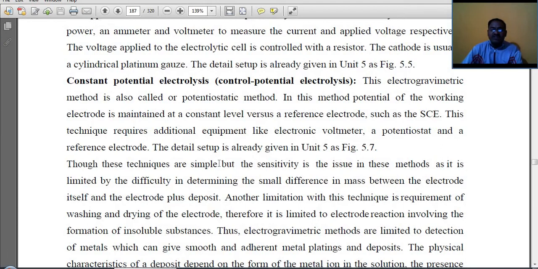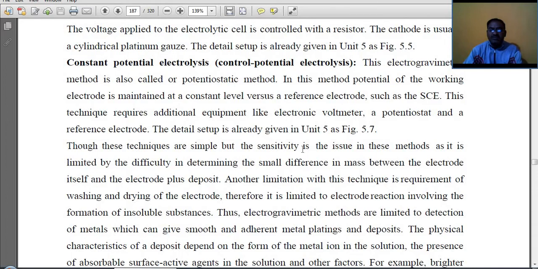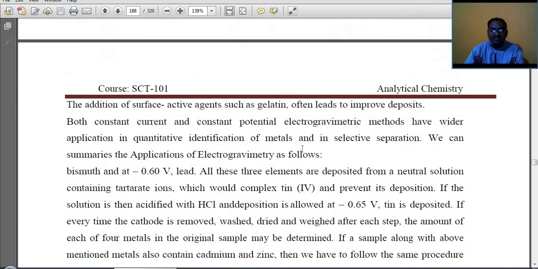This technique requires additional equipment like an electronic voltmeter, a potentiostat and a reference electrode. These are all some examples regarding constant potential electrolysis or controlled potential electrolysis.